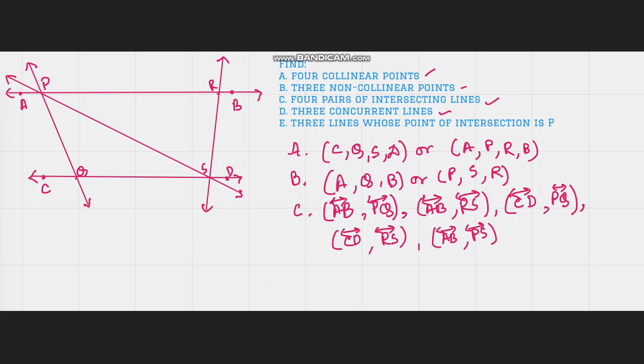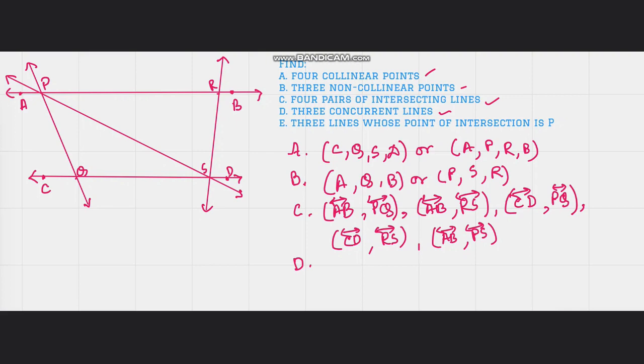Now let us find the 3 concurrent lines. We know that concurrent lines are 3 or more lines which pass through the same point, right? So let us find which lines are passing through the same point. We need to find 3 lines. We can consider line AB, then line PQ and line PS.